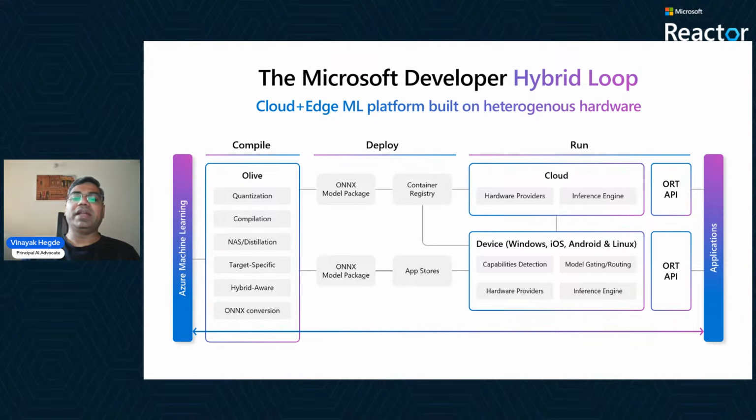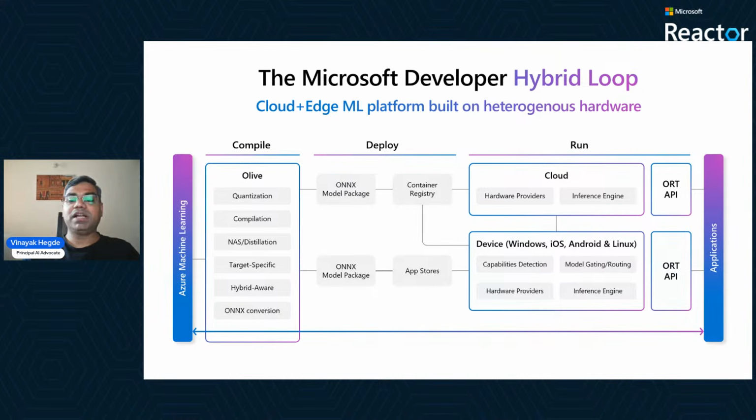So this is the entire loop on top of Olive that I talked about. I'm going to show you a demo of it running in my browser. When I run it in my browser, my video might become a little slow because it'll start using the GPU. So that is possible.